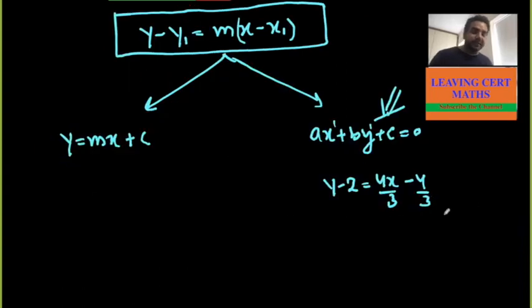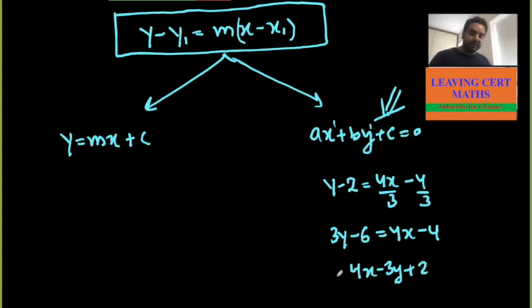If I multiply everything by 3, what will you get? 3y minus 6 is equal to 4x minus 4. Bring everything to the other side. So will you not get 4x minus 3y minus 4 plus 2, equal to 0? This is this form. Does it make sense? Yeah.